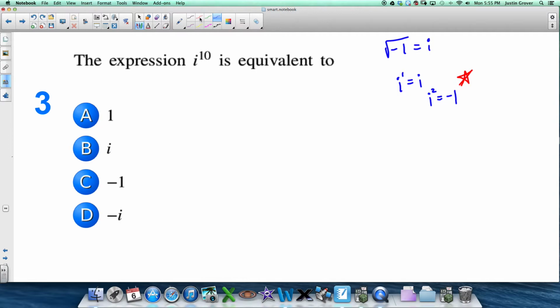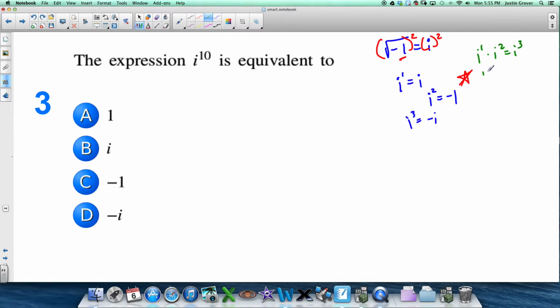And where that comes from really is if we take this up here, remember with radical equations, if we square both sides, well, what happens when you square a square root? You just get the number inside. So that's why it's negative 1 equals i squared. So that's where it comes from. i to the third equals negative i. And that makes sense because i to the first times i to the second equals i to the third.